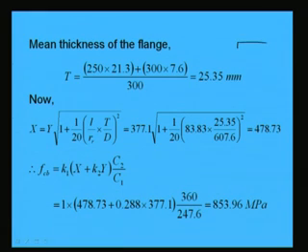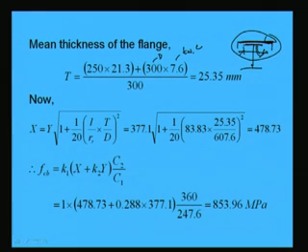Mean thickness means, you see, we have a thickness here, the web thickness of the channel, and here the flange thickness of the beam, this I section. When we find the mean thickness, the area is 250 into 21.3, where 250 is the width of the flange and 21.3 is its thickness, and the area of the web of the channel is 300 into 7.6, where 7.6 is the thickness of the web of the channel and 300 is the depth of the channel.